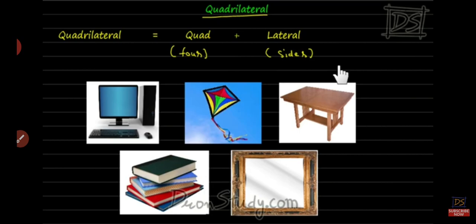Only opposite angles are equal in a parallelogram, but in a rectangle all angles are 90 degrees. Diagonals of a rectangle are equal in length, and they bisect each other.